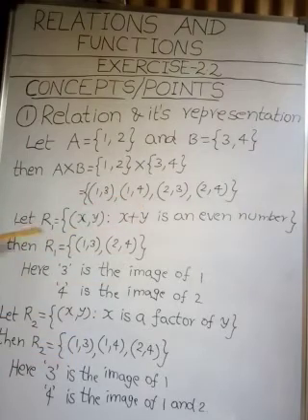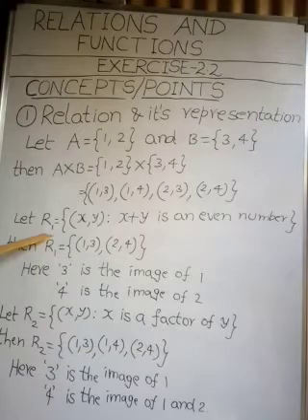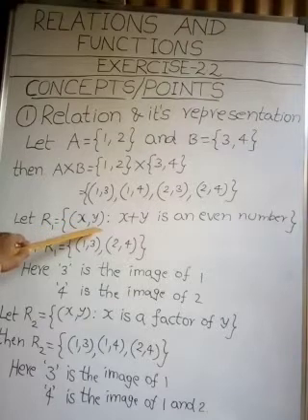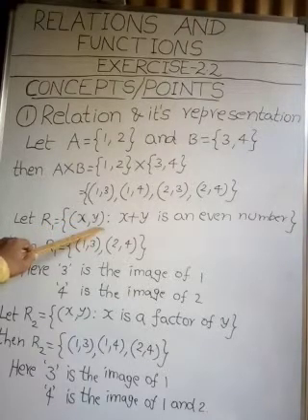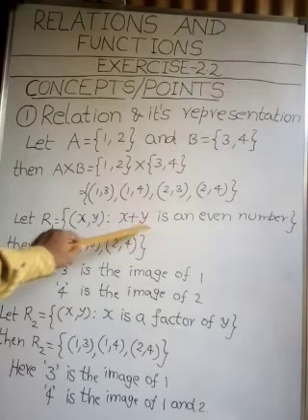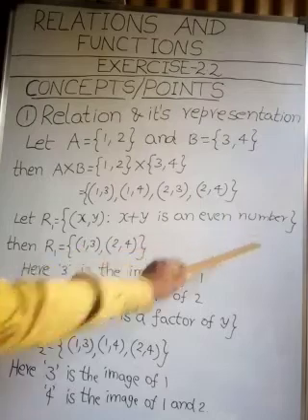Now let us define a relation R1. Let us define a relation R1 such that set of all ordered pairs x comma y such that x plus y is an even number.